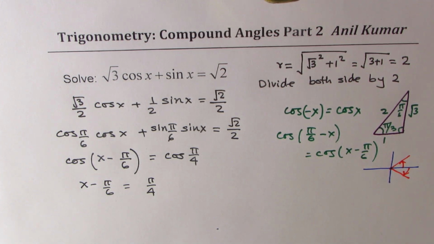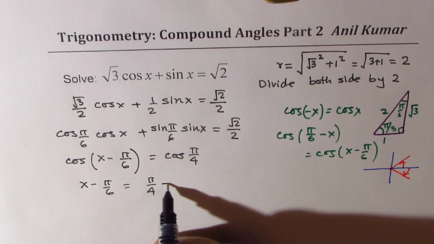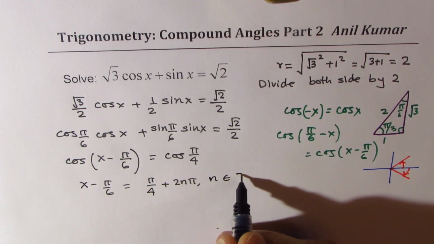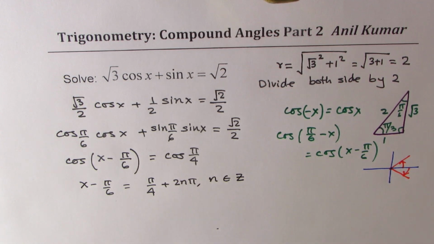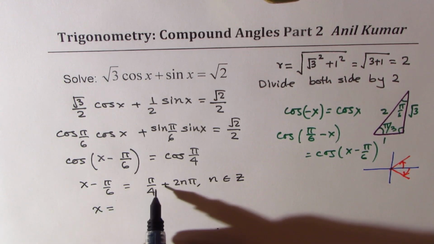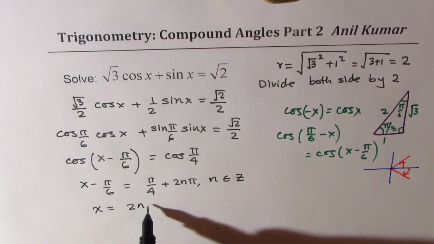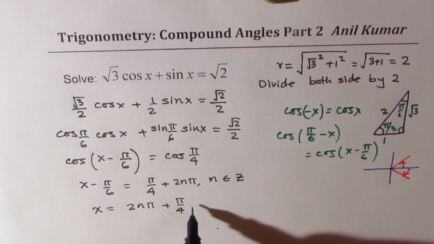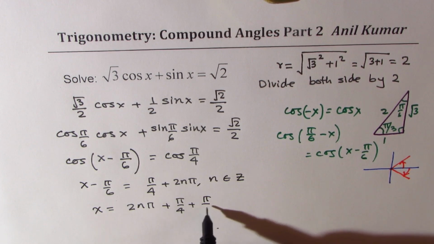So what you could do here is write the general solution as plus minus, plus 2n pi, where n belongs to integers. So that gives you a general solution, correct? So from here we can write x is equal to, taking this to the right side and rearranging our terms, 2n pi plus pi by 4 plus pi by 6.